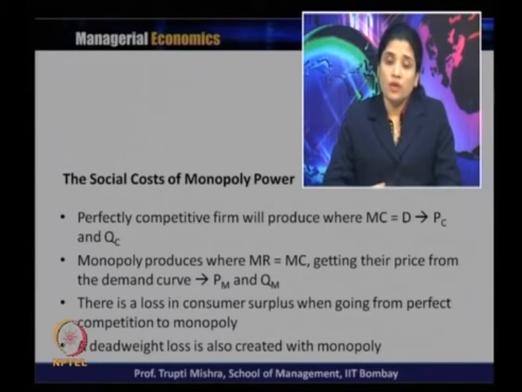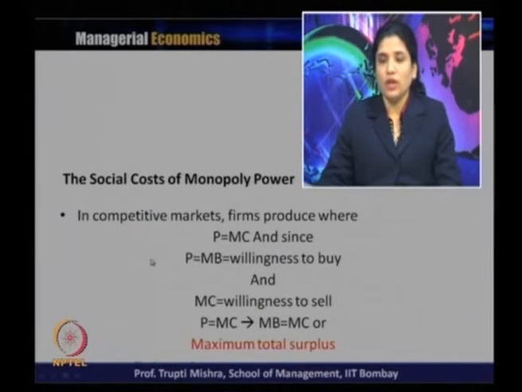Whereas the monopoly produces where marginal revenue is equal to marginal cost and gets its price from the demand curve. The consumer loses when going from perfect competition to monopoly, because in a monopoly P is always greater than marginal cost, and this leads to a deadweight loss created by the monopoly.